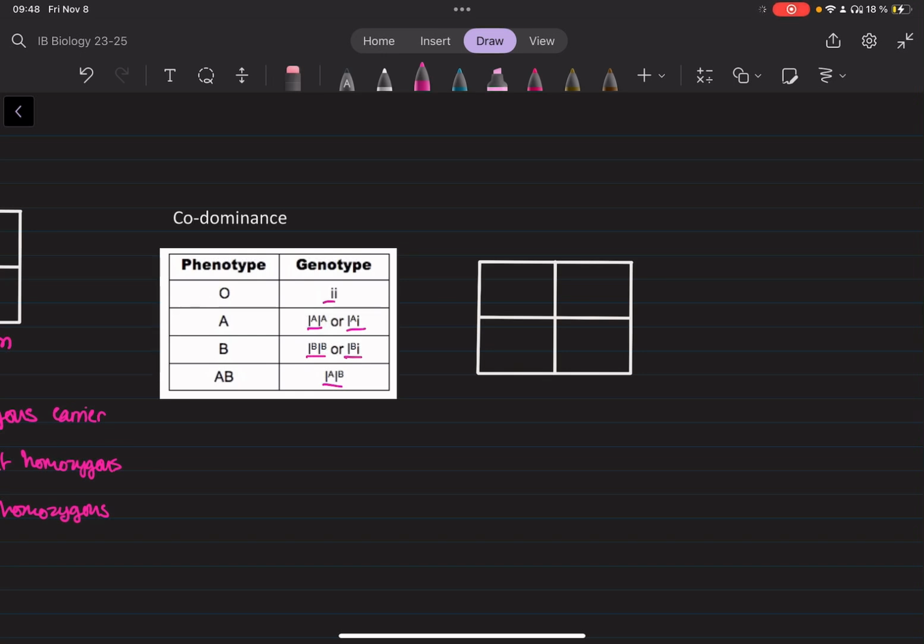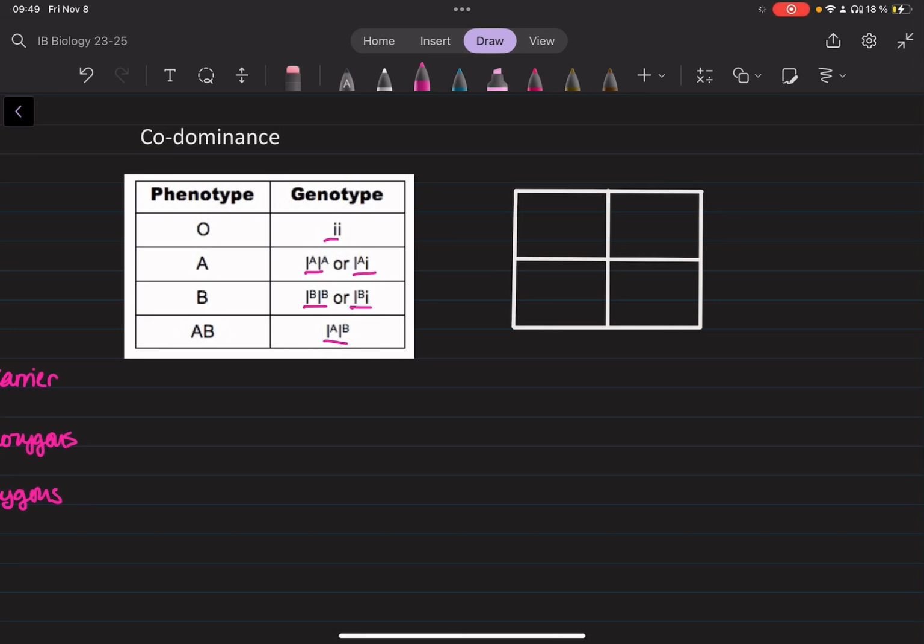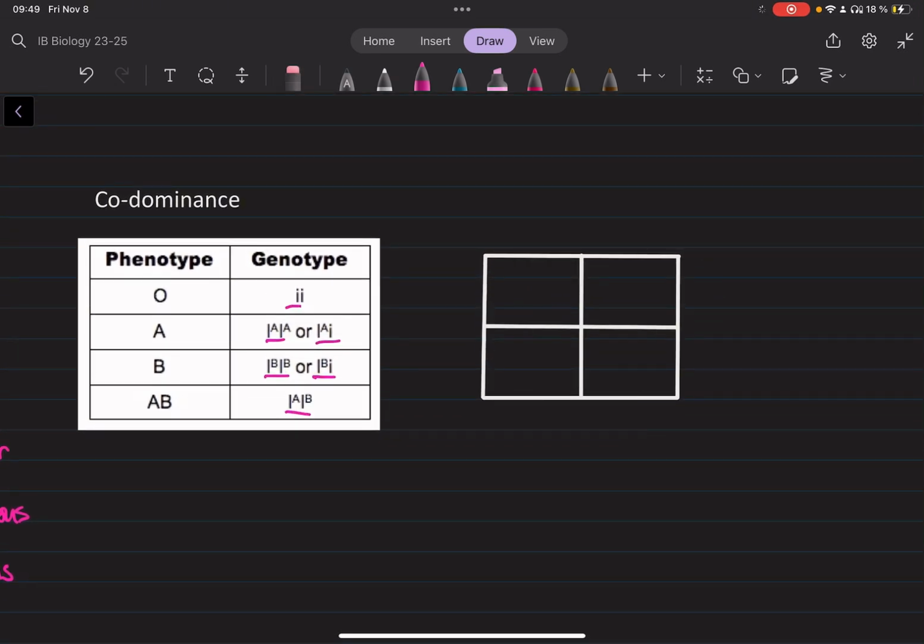And the really interesting thing about blood type is that, depending on the alleles that the parents have, you can get equal chances of getting a different blood type. And this is because of the codominance. So, using the right annotations, we can put in this Punnett square.